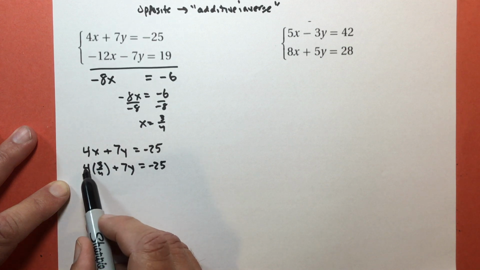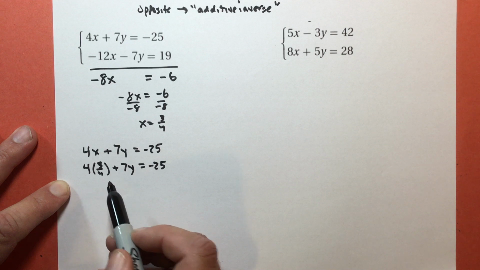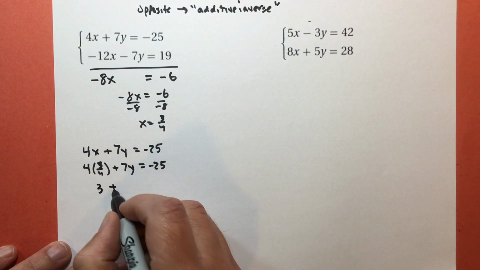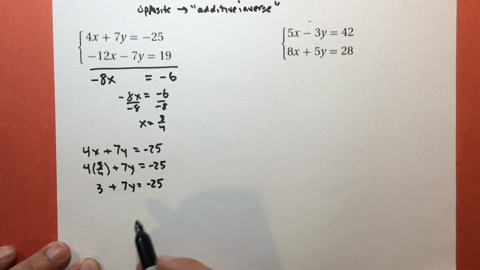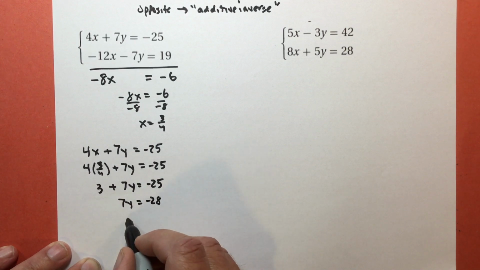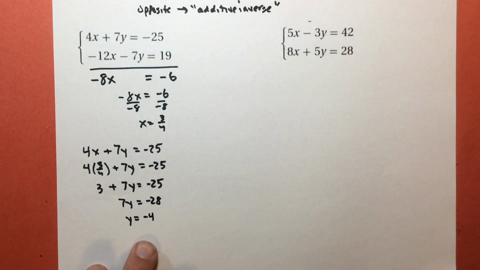But anyway, I can do 4 times 3, which is 12, and 12 divided by 4 equals 3. The 4s cancel out each other. And again, I hate that word cancel. So I get 3 plus 7y equals negative 25. I'm going to subtract 3 from both sides and divide by 7. So I think I got y equals negative 4.